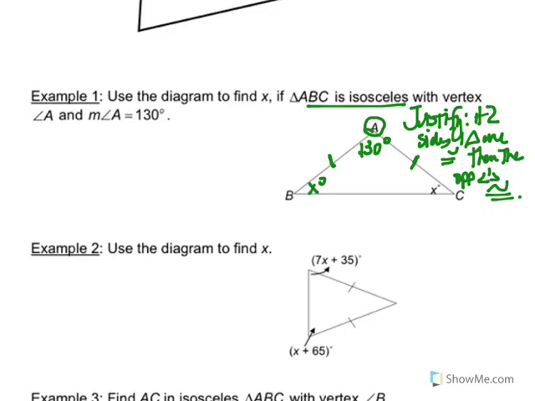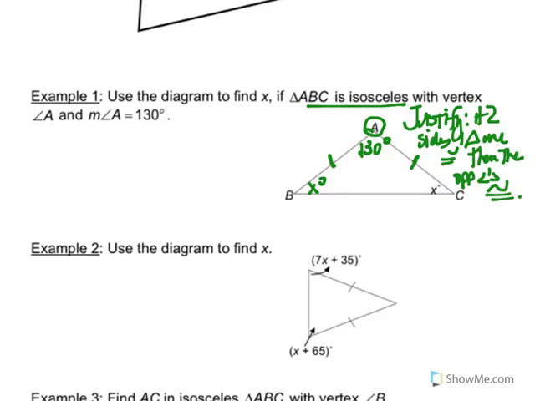Okay, so now let's see what we could do. How could we set this up as an equation to solve for x? Well, let's think about this. What do we know about the three interior angles of a triangle? The three angles add up to 180.